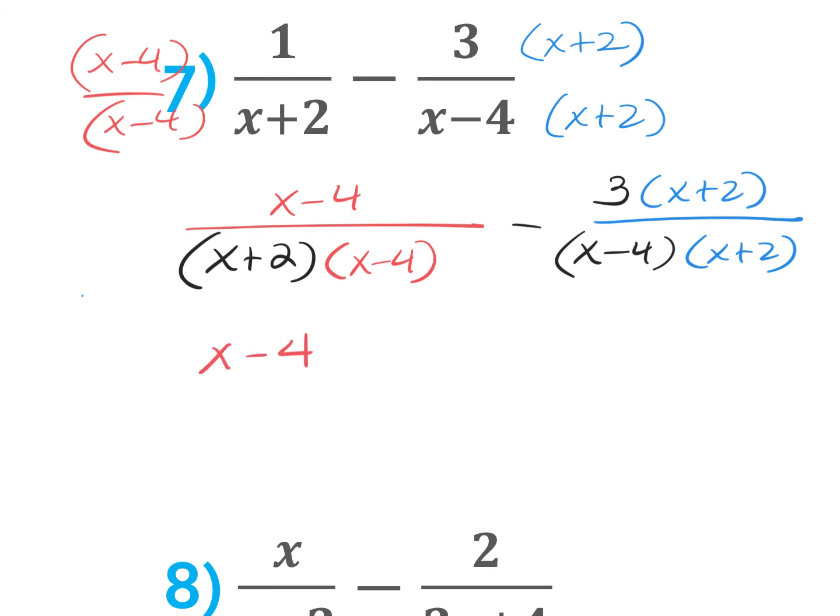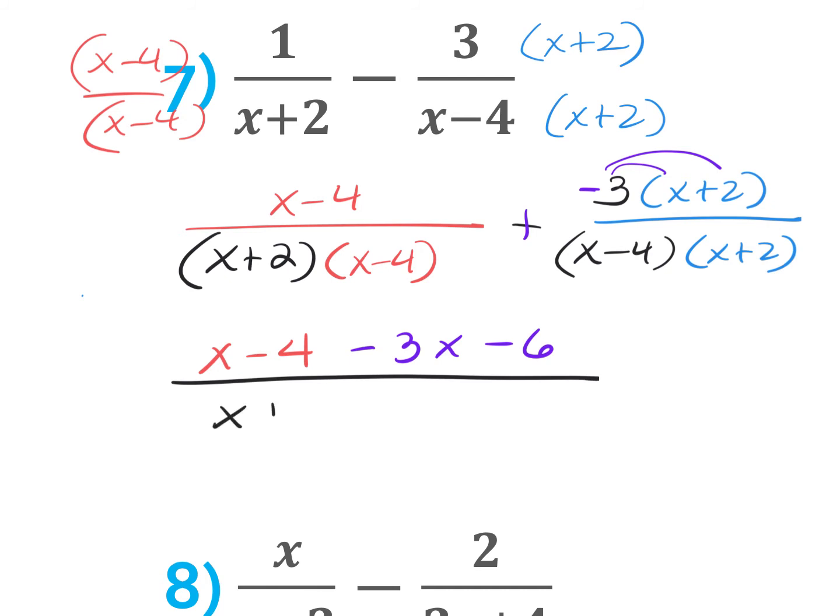Now what I can do here is keep flip change, make this a negative 3 that I distribute. So then I'm left with negative 3x minus 6, and it's on top of the x plus 2 and the x minus 4. Now I'm going to add my like terms.